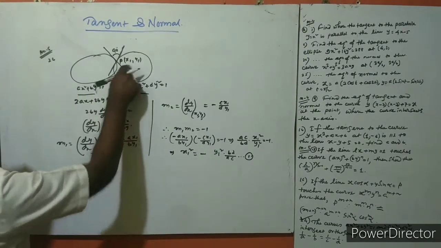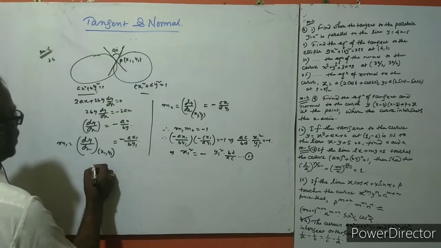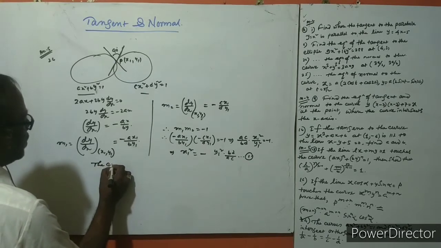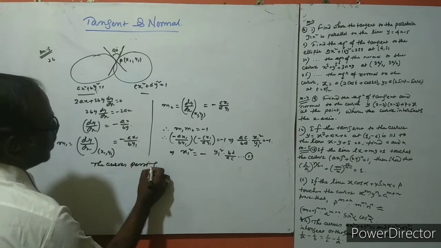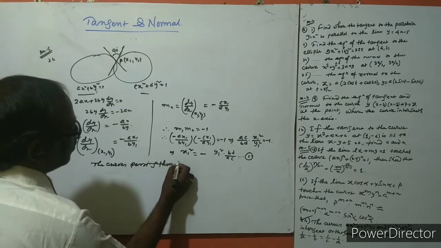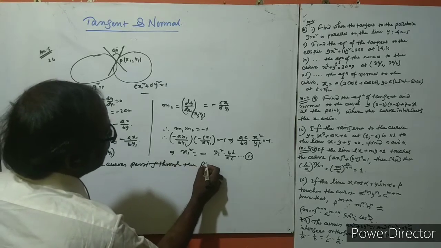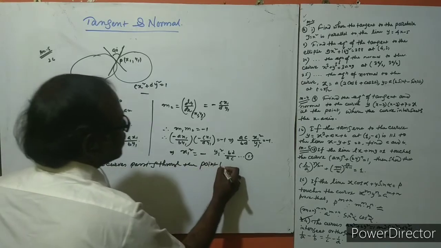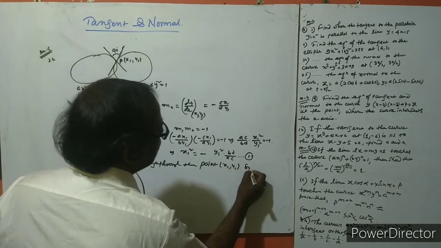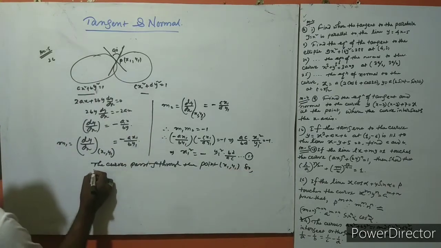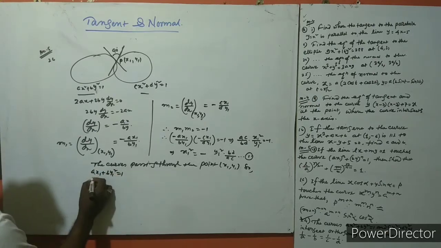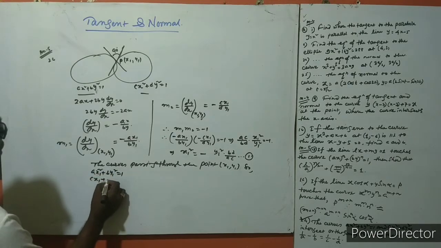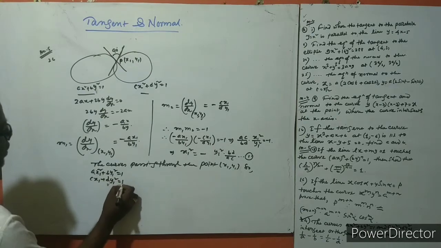Again, these two curves are passing through the point x1, y1. So we can write ax1 square plus by1 square is equal to 1, and another, cx1 square plus dy1 square equal to 1.